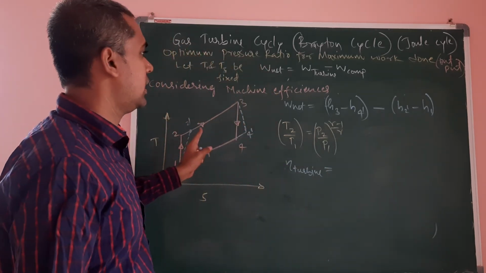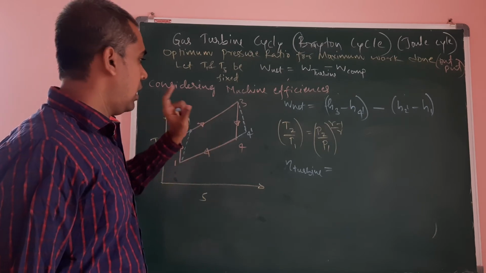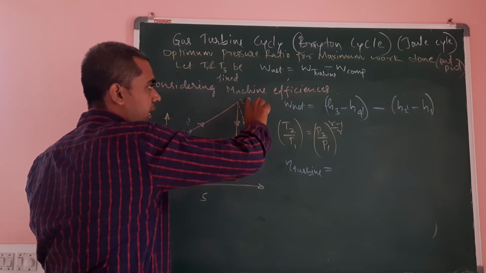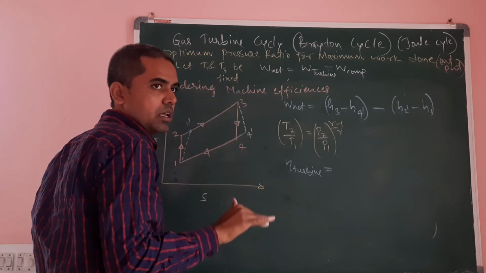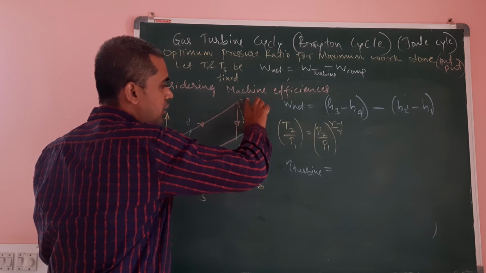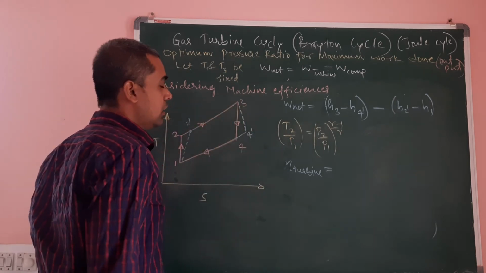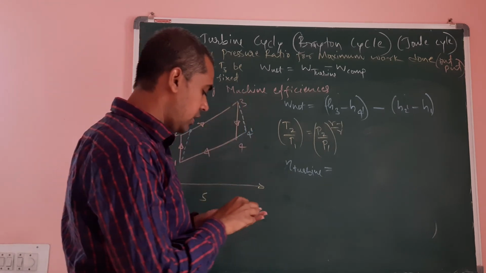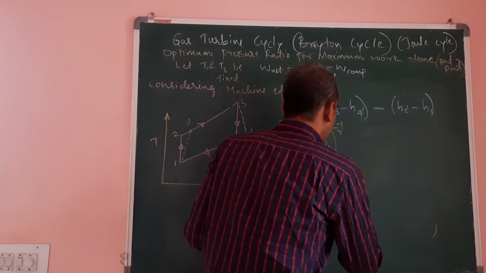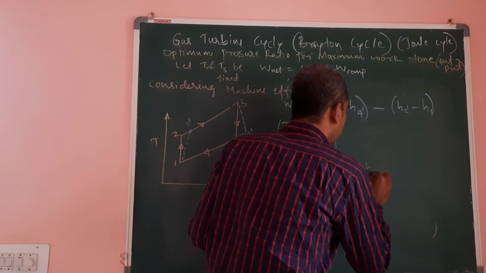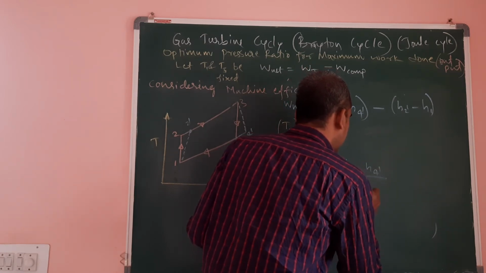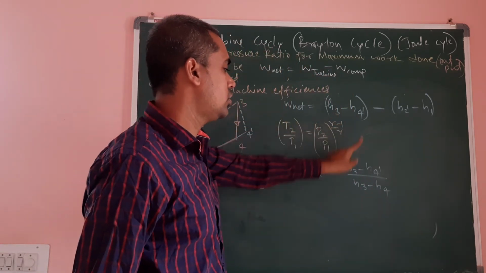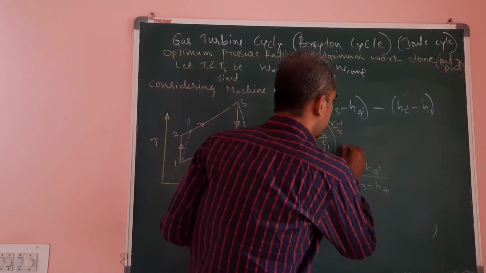For actual work efficiency, we have to take smaller by larger, it should be less than 1. H3 minus H4 dash will be less compared to H3 minus H4, therefore the efficiency is H3 minus H4 dash divided by H3 minus H4.